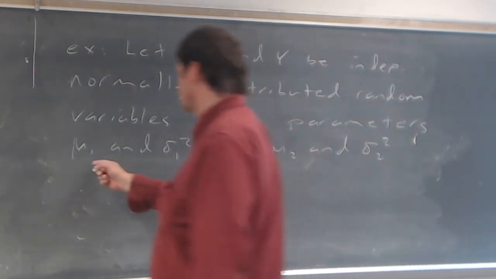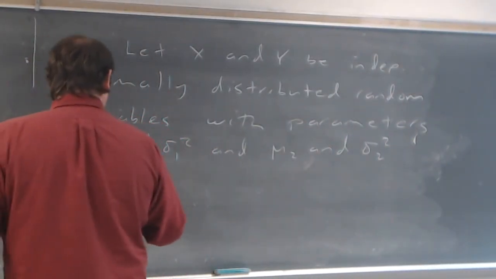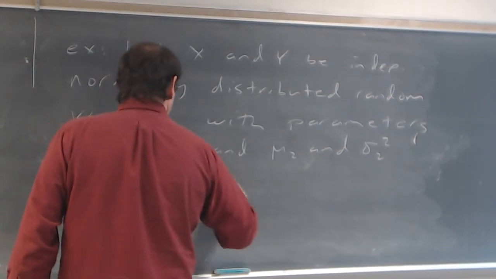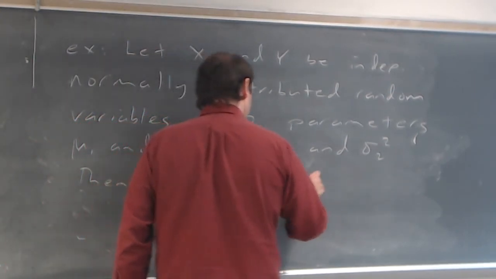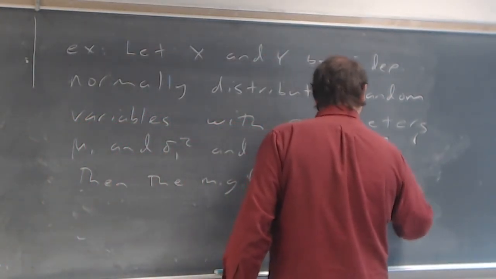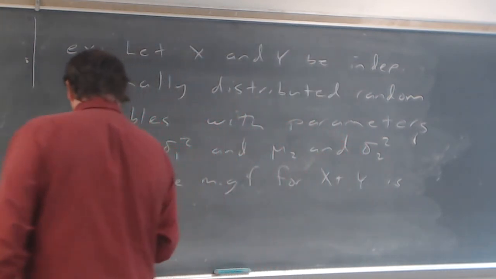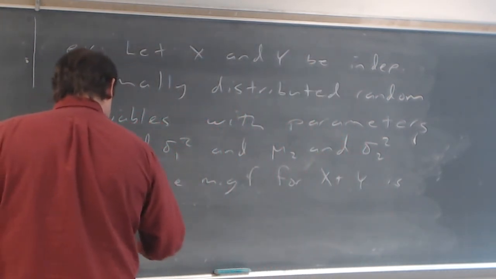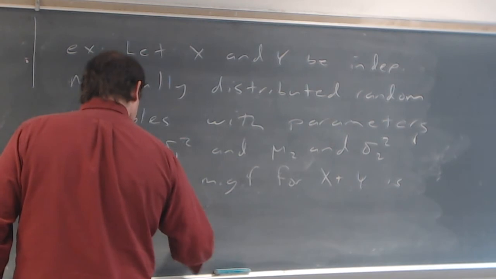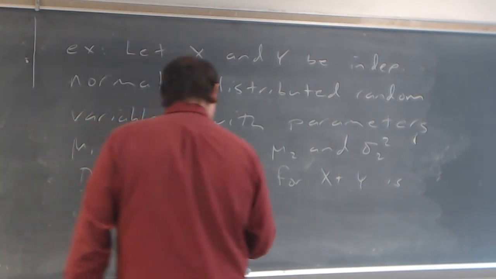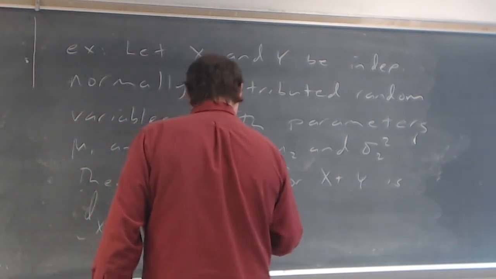Then the moment generating function for X plus Y is phi sub X plus Y of t, equaling phi sub X of t times phi sub Y of t.